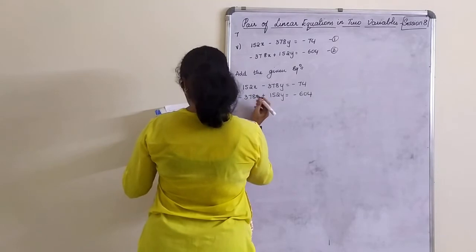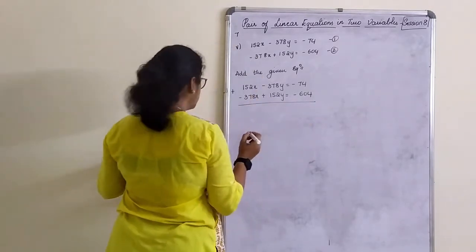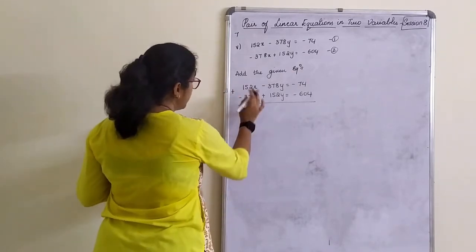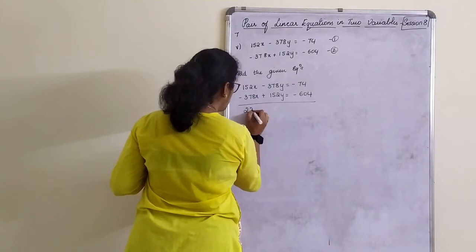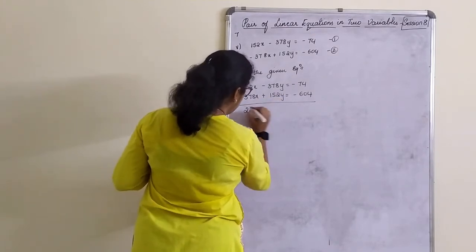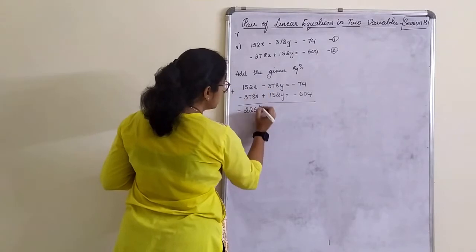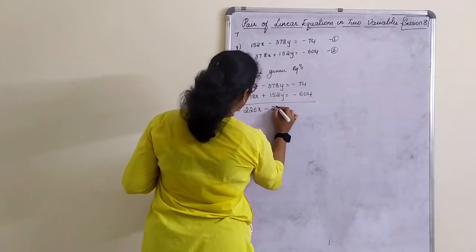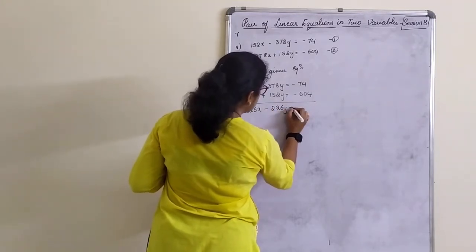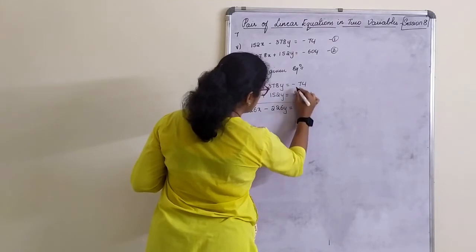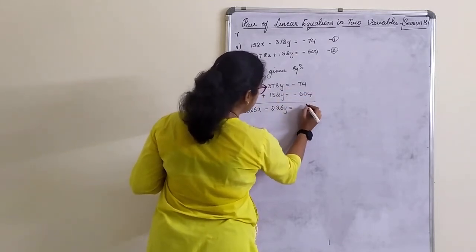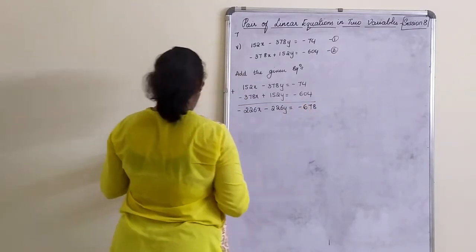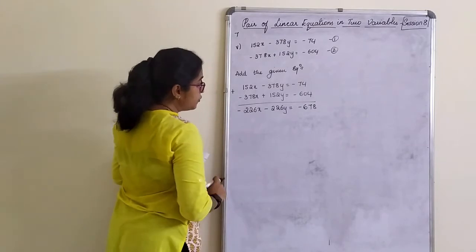When you actually add them, because one is minus and one is plus, you get minus 226x, same thing, minus 226y is equal to minus 678.